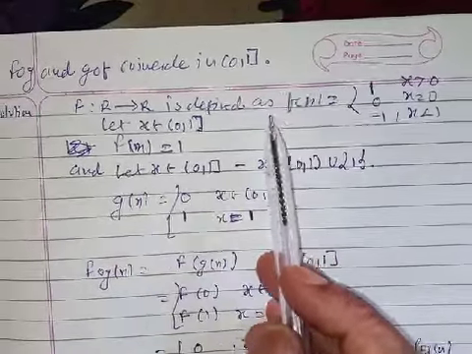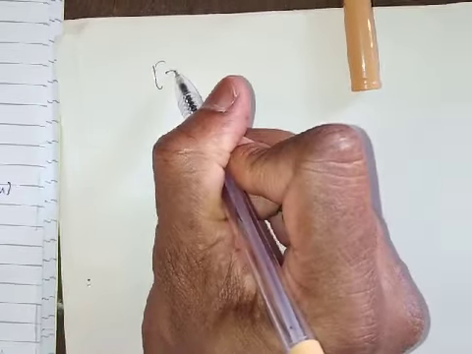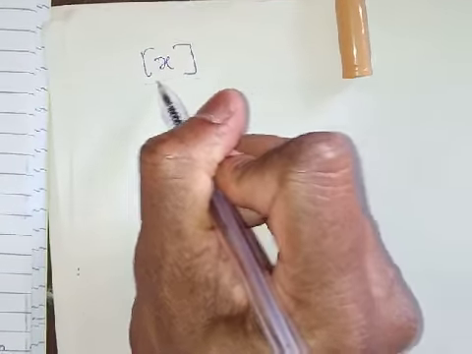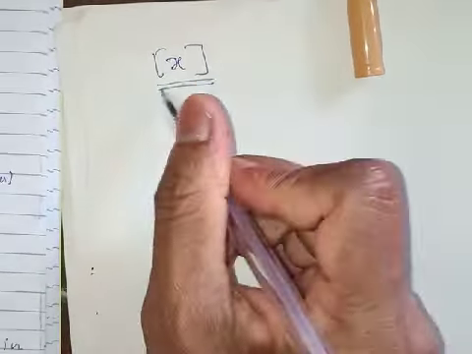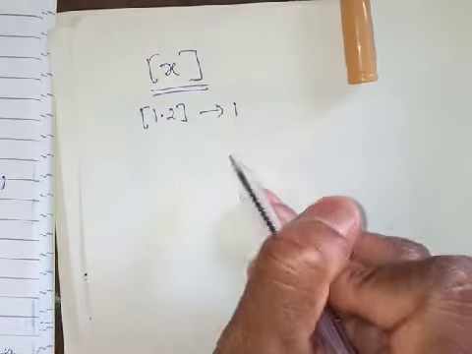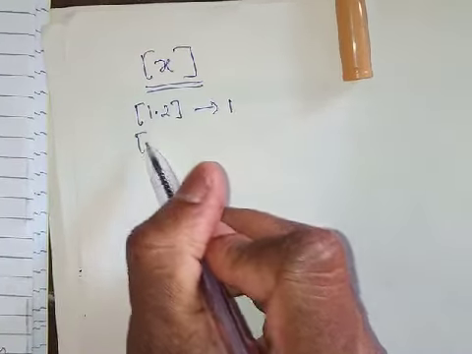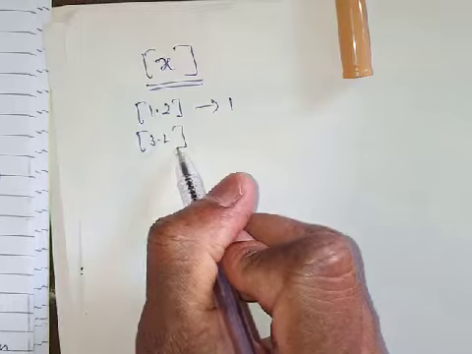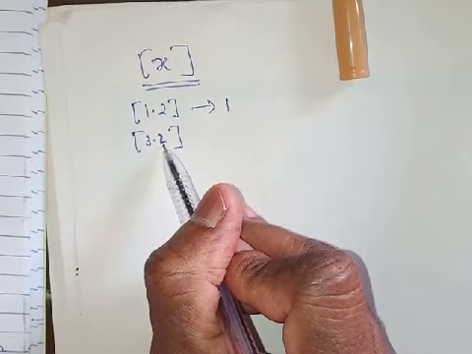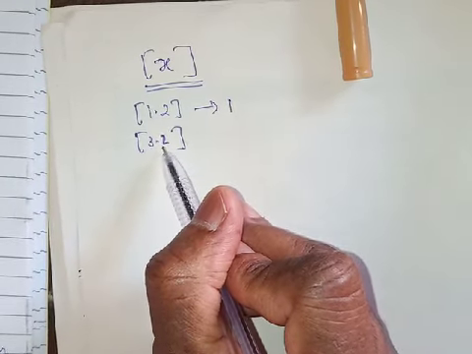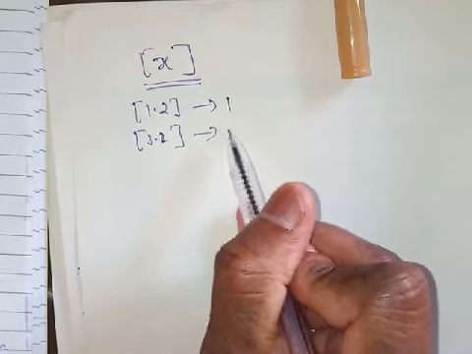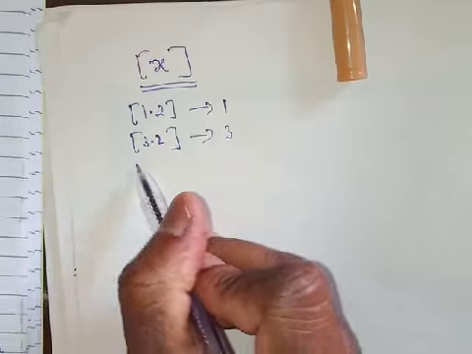So let's check. First you understand what a greatest integer is. This is [x]. What does greatest integer mean? Suppose it is 1.2, the greatest integer less than or equal to that will be 1. Suppose it is 3.2, the greatest integer will be 3.